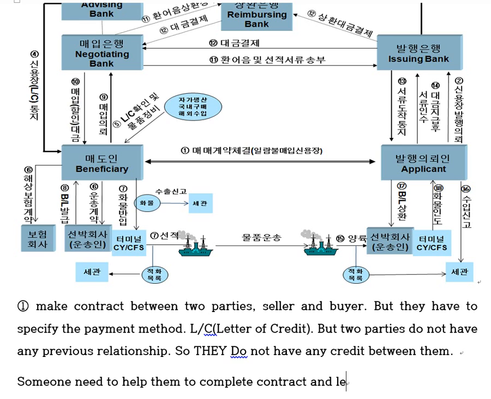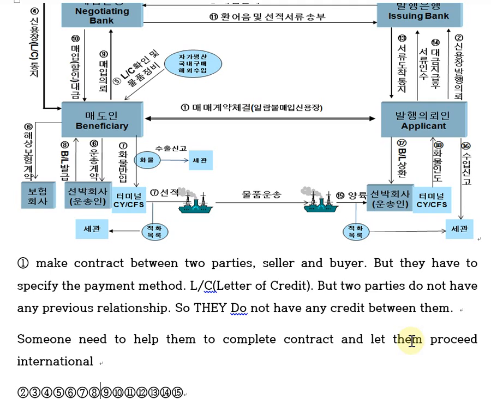And let them proceed with international trading. By what? By how? By providing credit to each party.